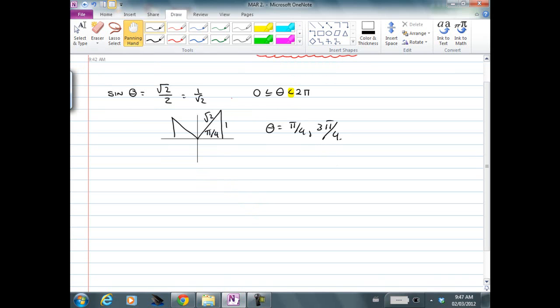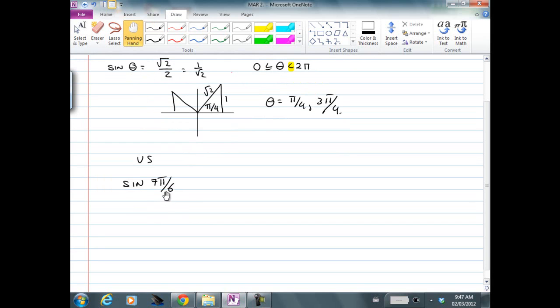Easy stuff. Now, a lot of kids are having trouble with this question versus, let's say I give you sine 7 pi by 6. A lot of students ask, when do I solve for theta versus what do you do when theta is given? There are 2 different types of question.